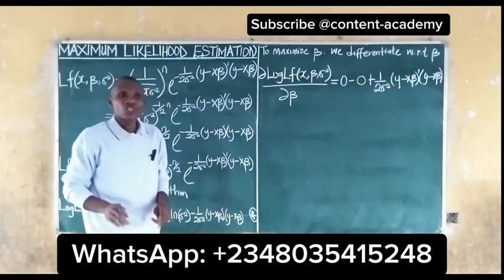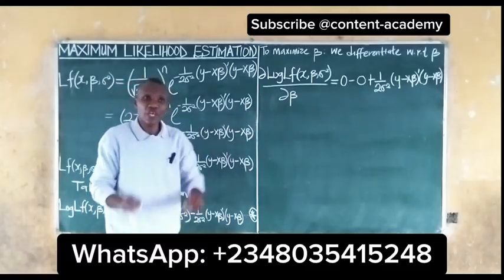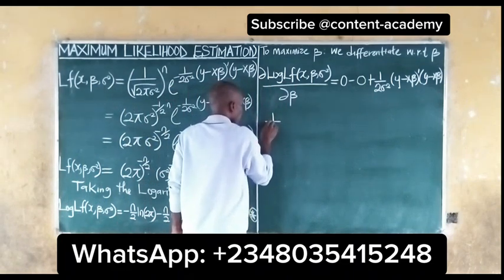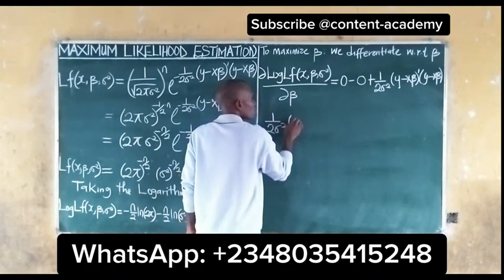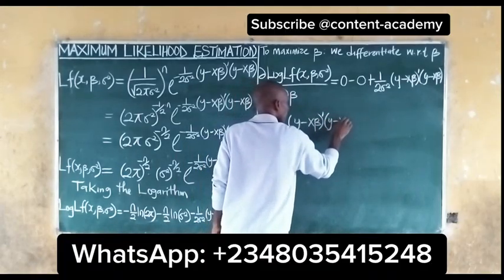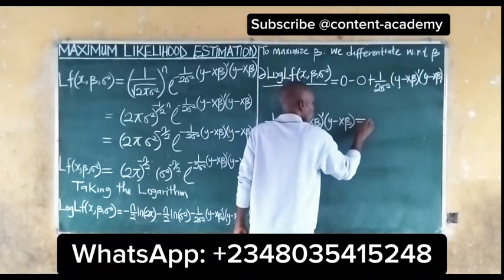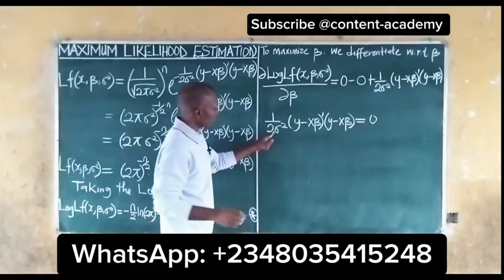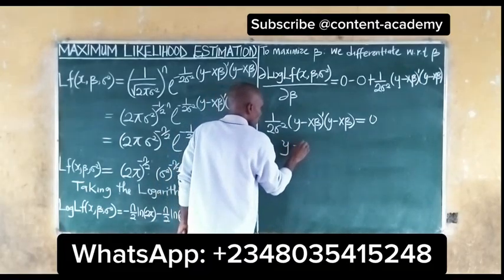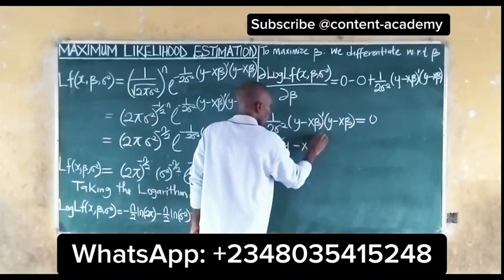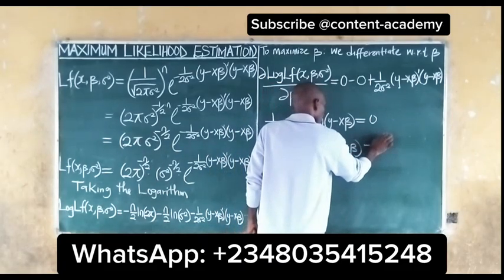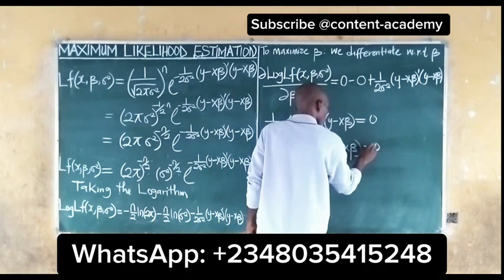The next thing to do is to equate what we have here to 0. So we have 1 all over 2 sigma squared into x transpose y minus xb equal to 0. Of course, this can multiply this to remain x transpose y minus xb, which is equal to 0.